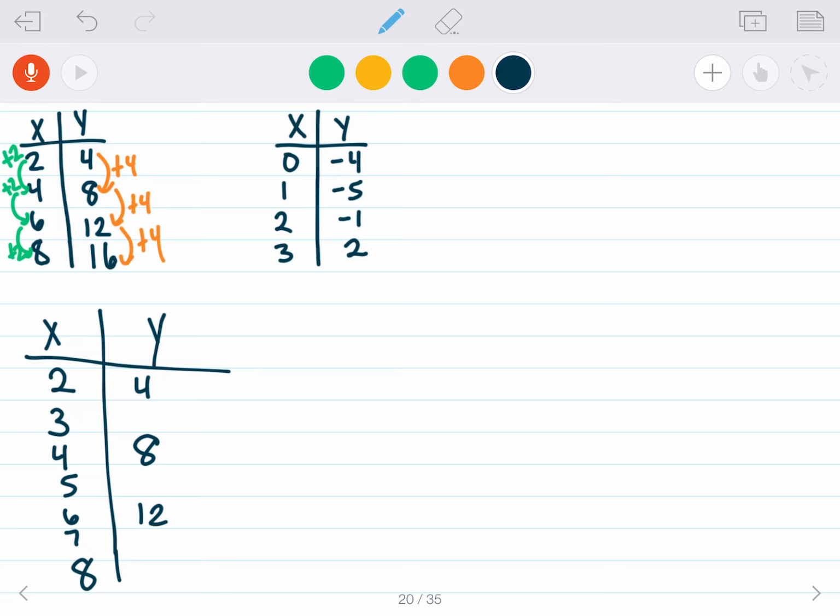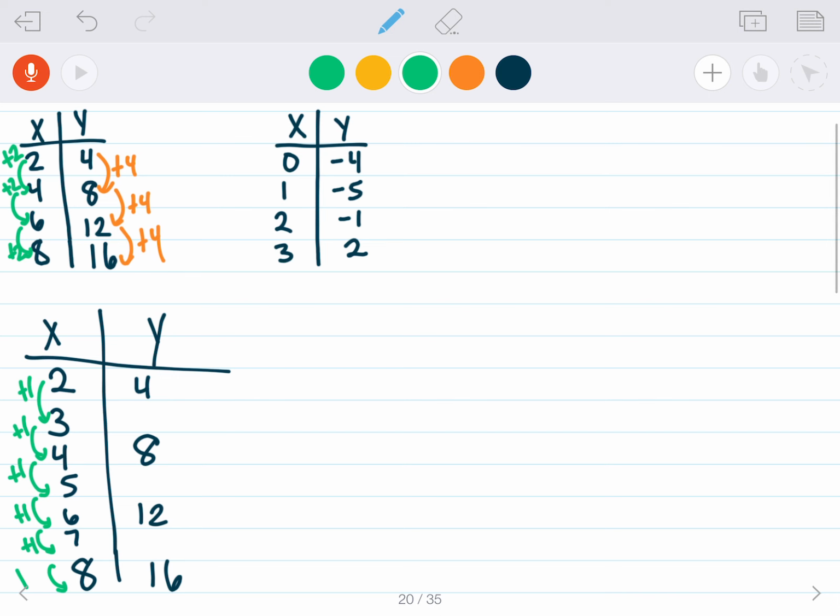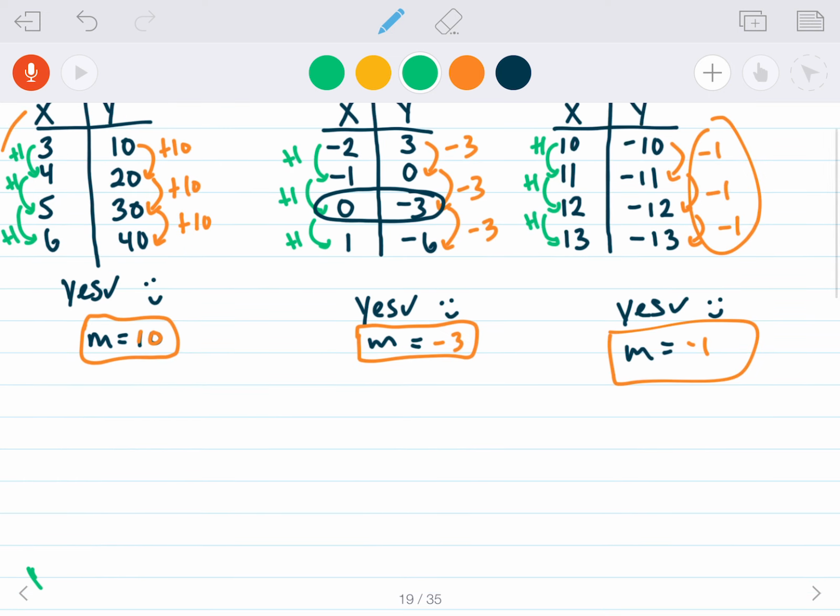And when x is 8, y is 16. So we can fill in the pattern, right? Now we have that we're increasing by 1, so we can make a deduction about the slope. And you should think about why we can only do this to conclude something about the slope.